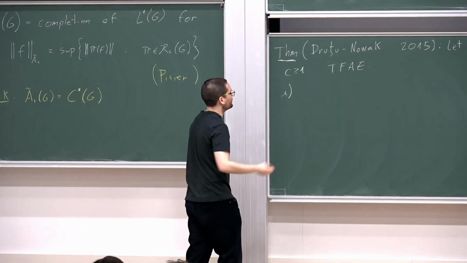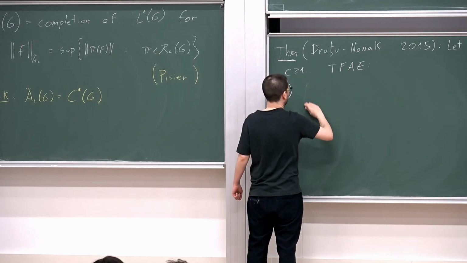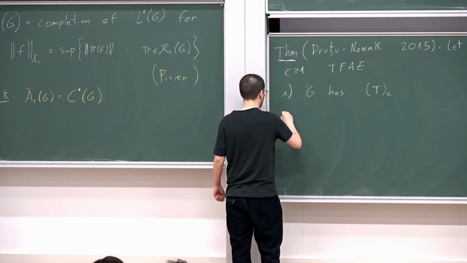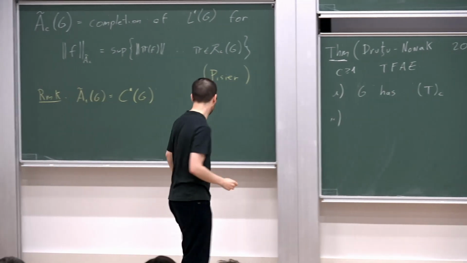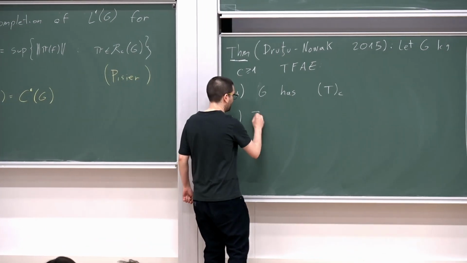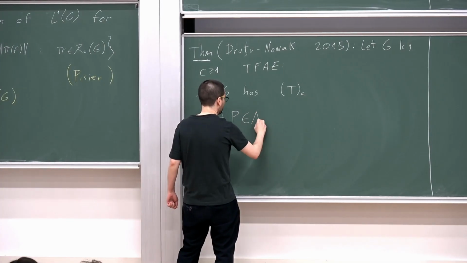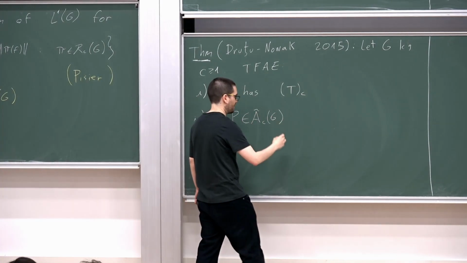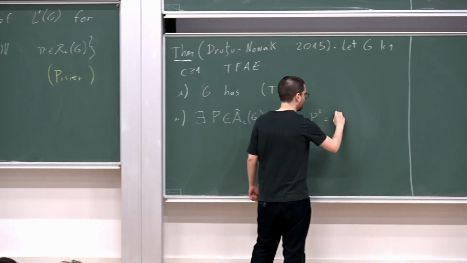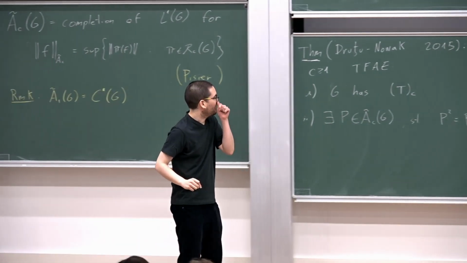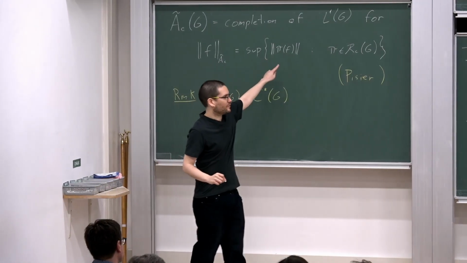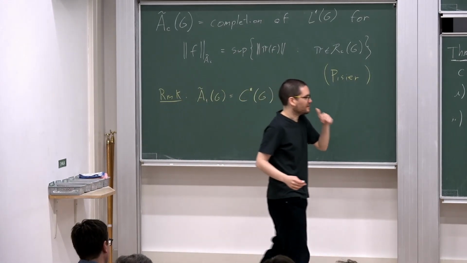So first, G has property TC. And the second one is the existence of the Kazhdan projection. So there exists an element of this algebra which is an idempotent, so such that P squared equals P, and such that when we apply any representation in here, we get a projection onto the invariant vectors.